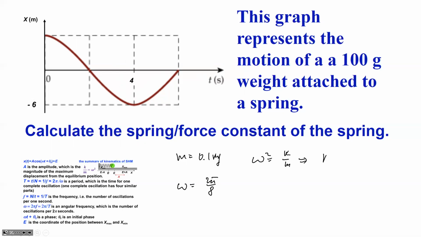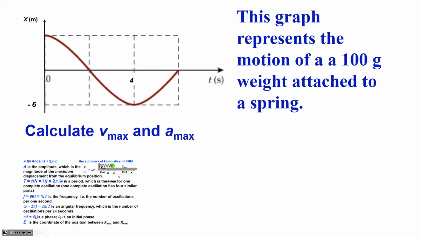So we can calculate spring constant: mass times omega squared, or 0.1 times 2 pi over 8 squared. The period, remember, was 8 seconds. And I just did it.